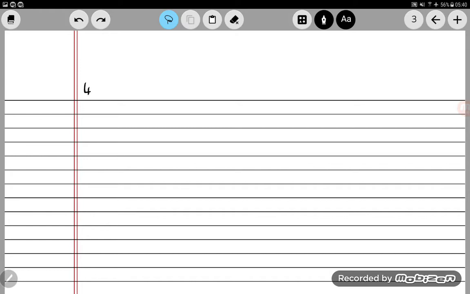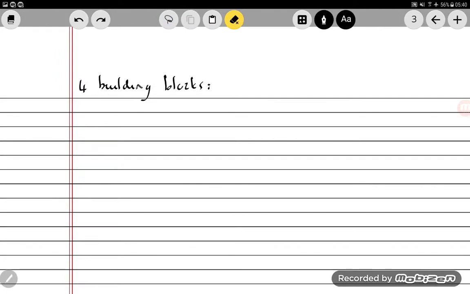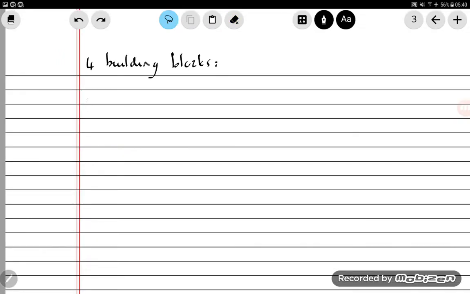The 4 building blocks were, first, a positive or negative constant.